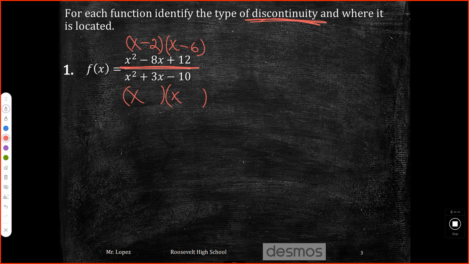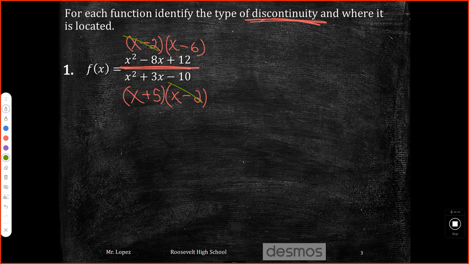This one's going to be x and x, and this one's going to be positive 5, minus 2. Okay, so what we could do here is cancel out the factor of x minus 2 over x minus 2, and that creates a hole in the graph.